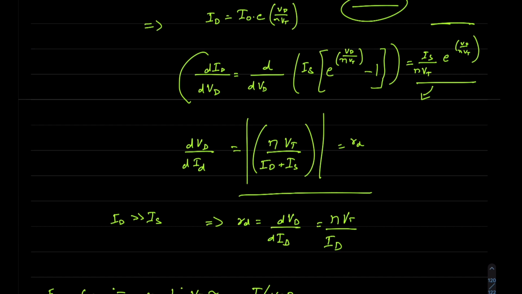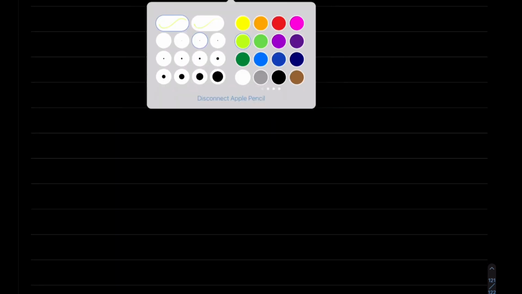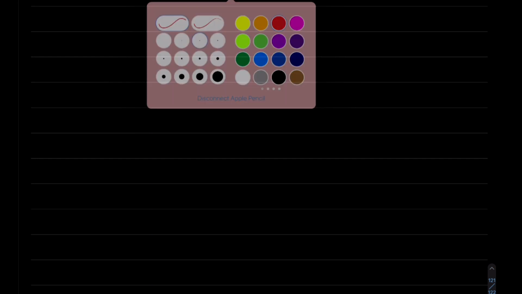Now, just to end this lecture, we'll talk about ideal diodes and practical diodes. Ideal diodes are nothing but pure switches.